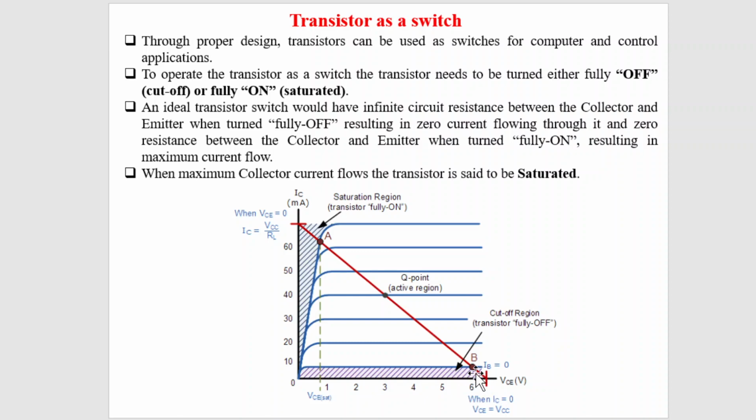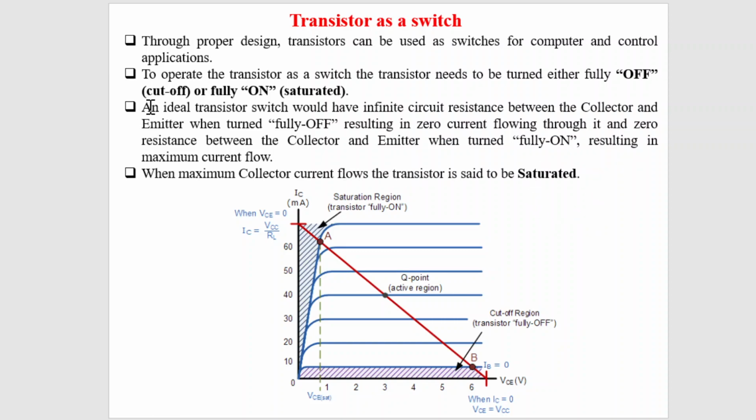So when we want to use a transistor as a switch, when the switch is off, the transistor should be in cutoff region. When the switch is on, the transistor should be in saturation region. And the active region is required for the transistor as an amplifier. When maximum collector current flows, the transistor is said to be saturated.